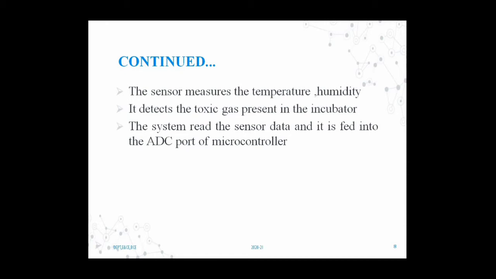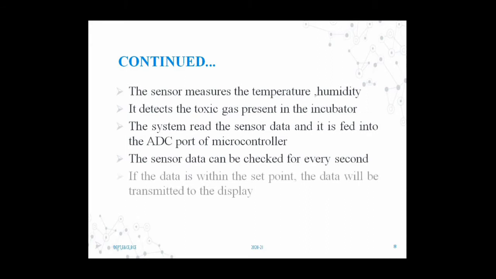Then this analog data is fed into the analog to digital port of the microcontroller. The sensor data is checked every second. These converted values, meaning analog to digital converted values, will be compared with the reference value. If the sensor data is within the reference value, then the sensor data will be transmitted to the display unit, that is the LCD.